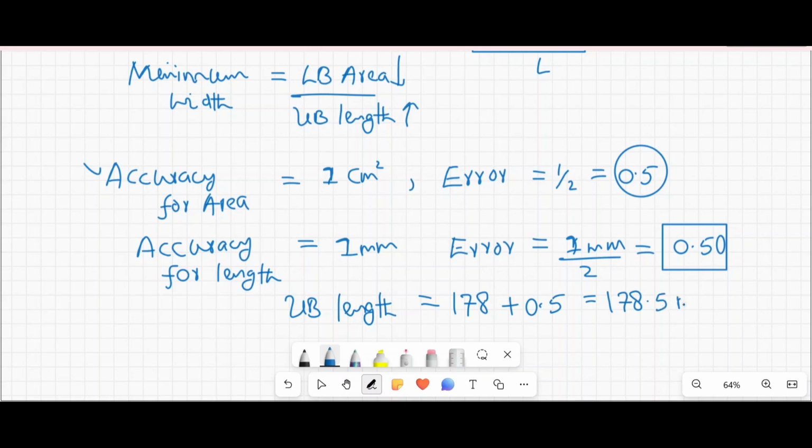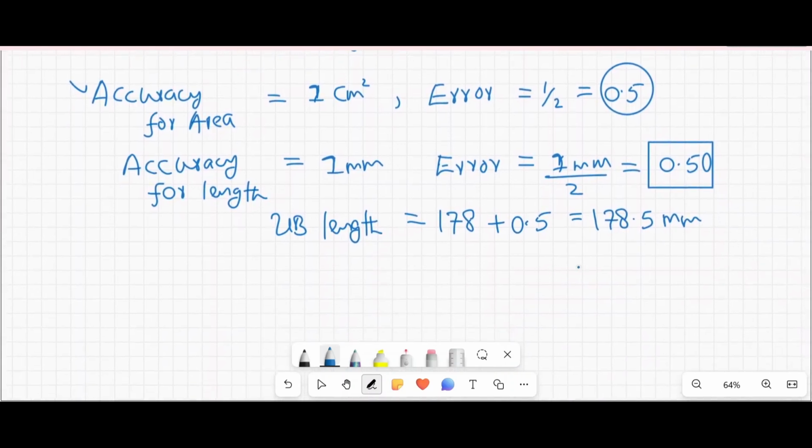So now this is in millimeters, but I want the answer to be in centimeters. So what I will do is 178.5 divided by 10, because 1 centimeter is equal to 10 millimeters. So what we will get is 17.85. This is in centimeters.